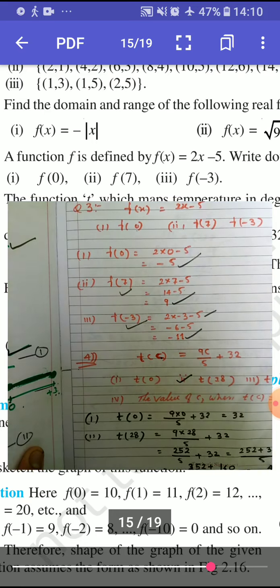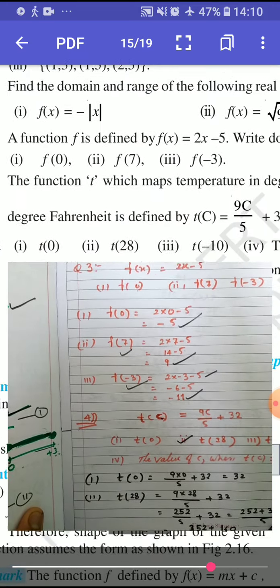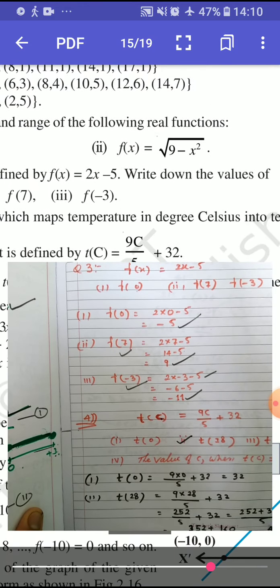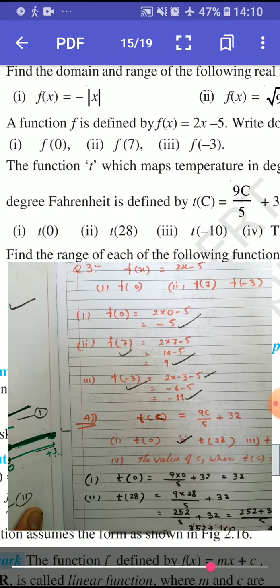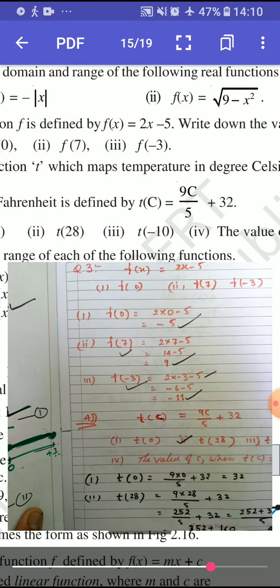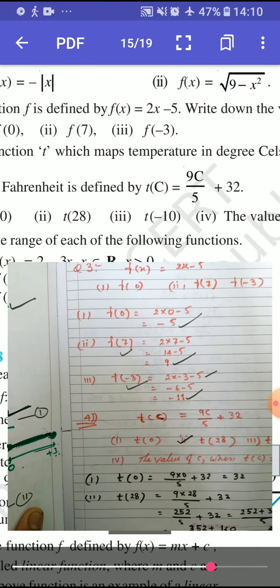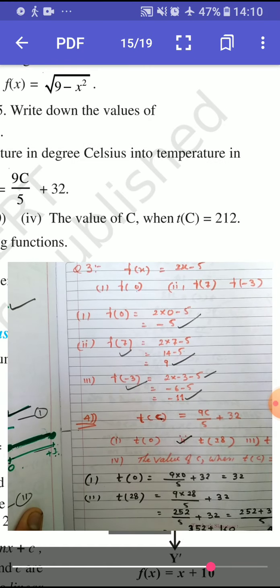Right? Now question number 4. A function T which maps temperature in degree Celsius into temperature in degree Fahrenheit is defined by T(C) equal to 9C upon 5 plus 32. You have to find T(0), T(28), T(minus 10), and the value of C when T(C) equal to 212.